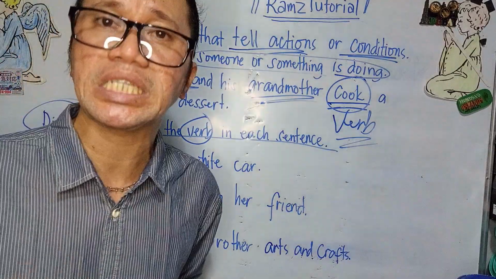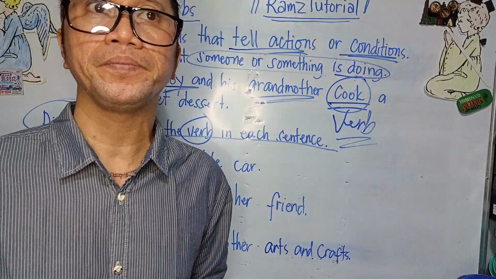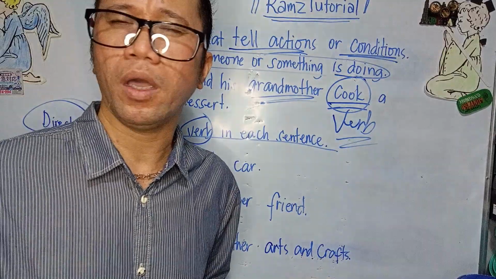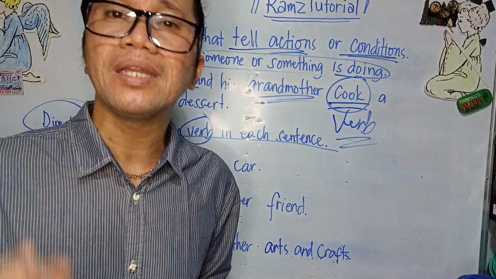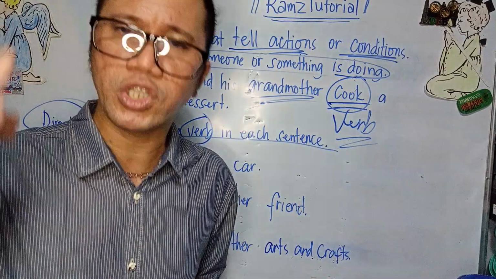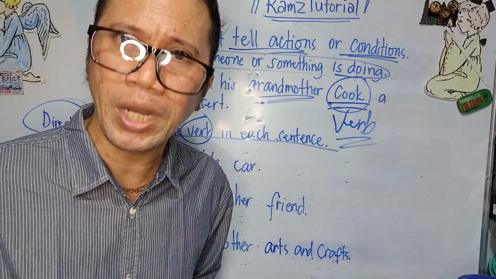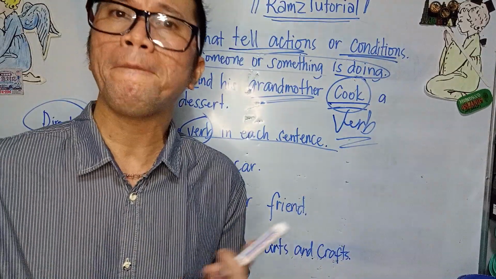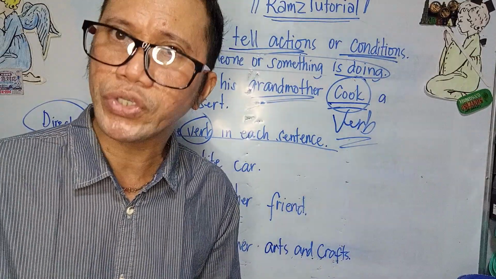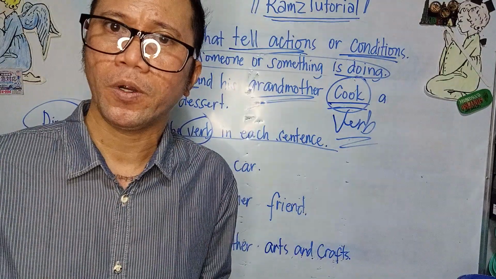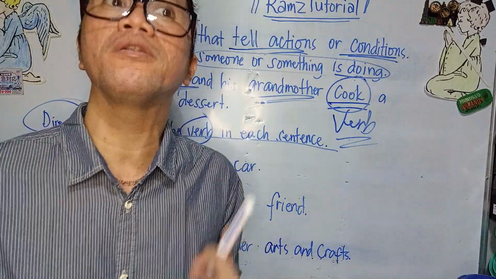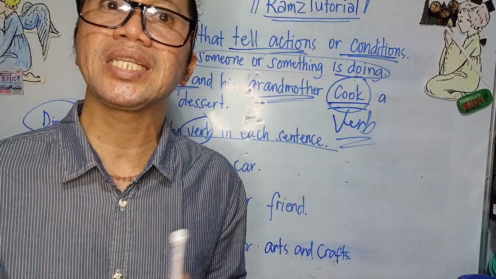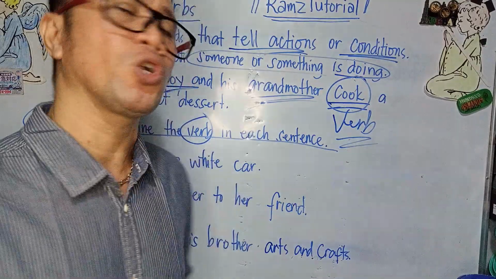We have 3 sentences here. We need to underline and find the pandiwa, or salitang kilos, which is the verb in the sentence. Shall we proceed?